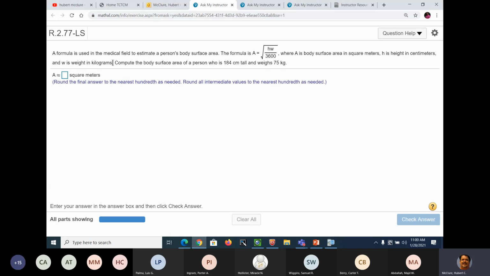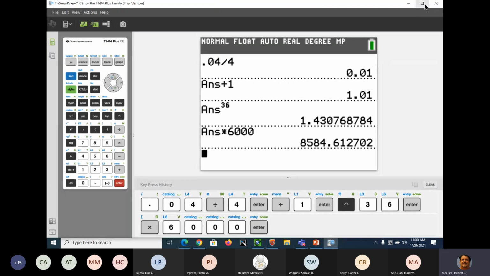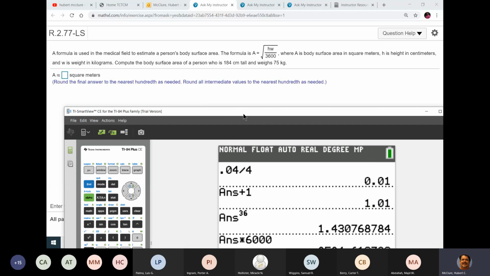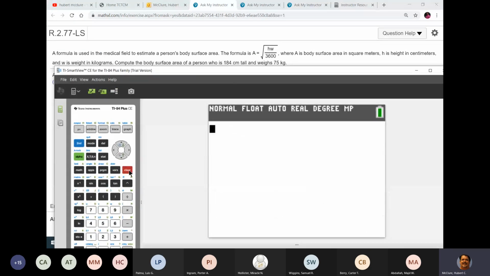That's plug and chug also. 184 centimeters tall, that goes in for H. And weight is 75. I'm going to do it on a calculator right quick. Height is 184.